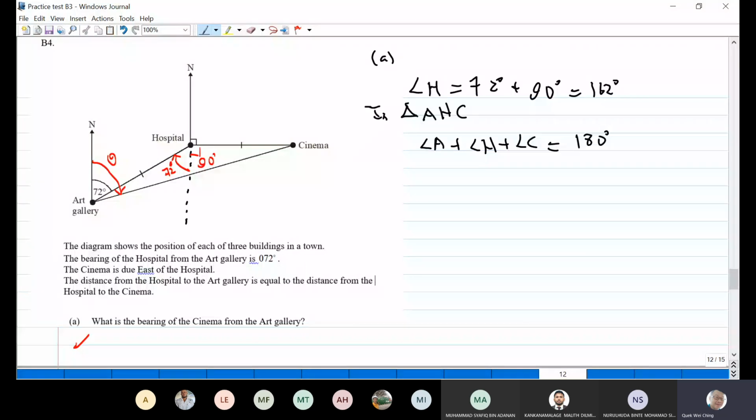So that means angle A plus angle C is 180 minus 162, which is equal to 18 degrees.